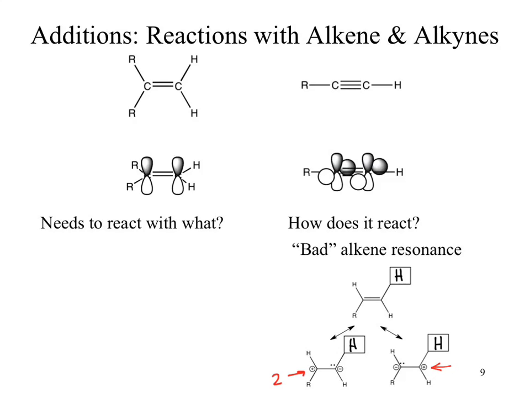Whoops. Primary. Where would we rather have the positive charge, on a secondary carbon or a primary carbon? Secondary, because carbon supplies more electrons to stabilize that carbocation better. So that would suggest that if our box was an H, we would expect the leftmost structure to work out best for us.